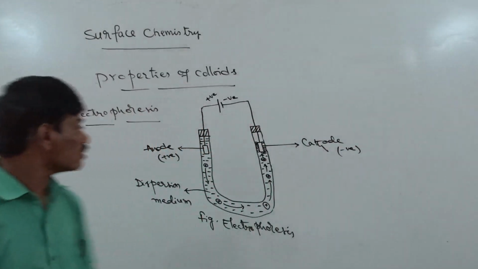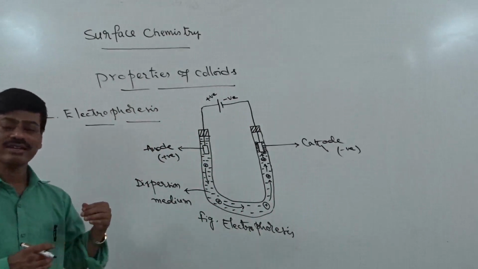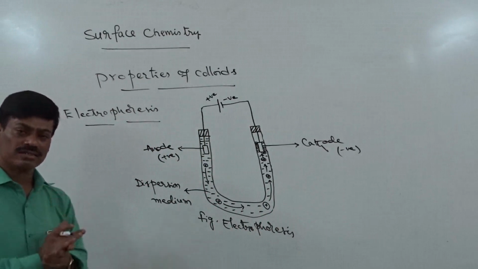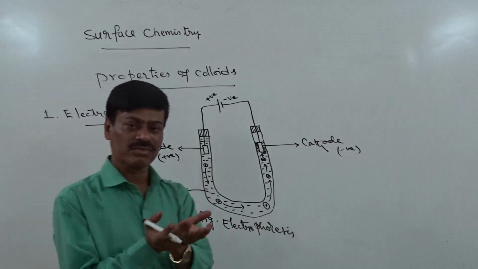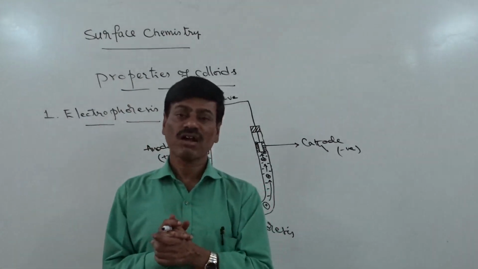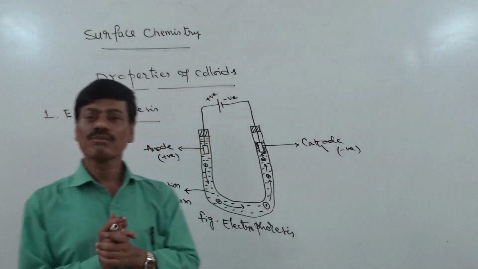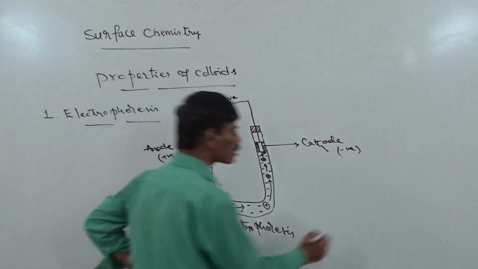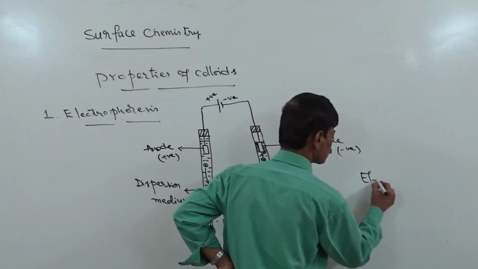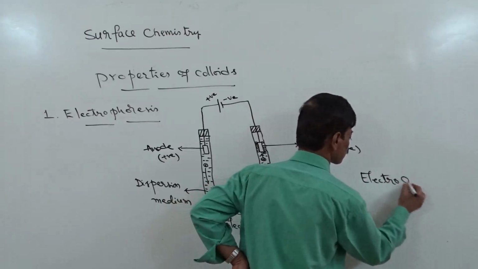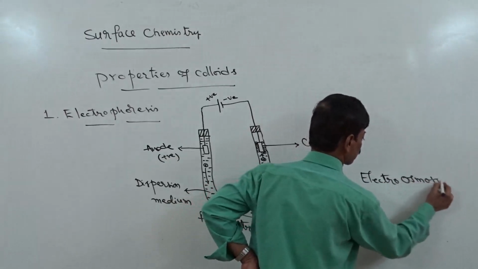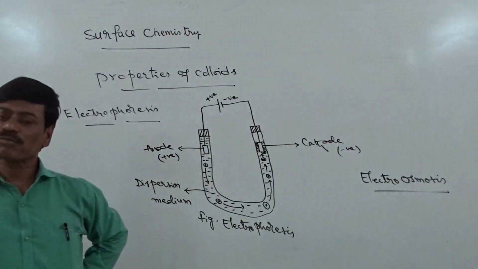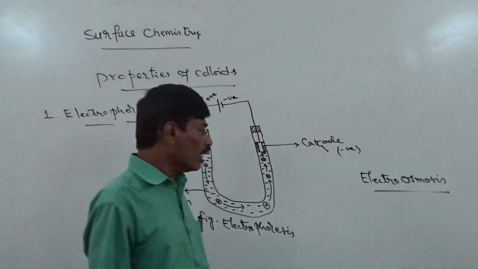So importance of this electrophoresis phenomenon is separation of particles in the form of aggregation or precipitate or in the form of coagulated material. So here we have one more concept, that is electroosmosis. We know osmosis means movement of solvent particles.